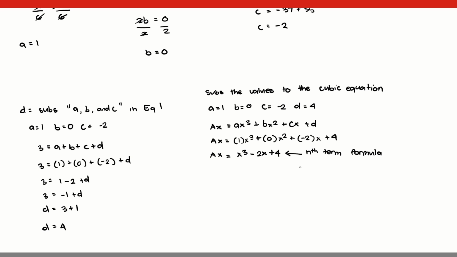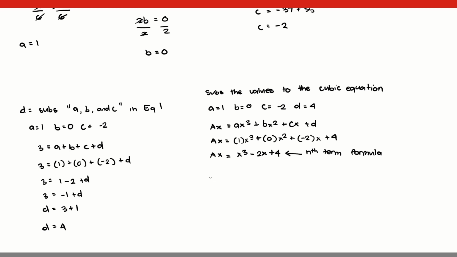This formula is used to find the next term. So now let's get the next term, which is the 7th term of the sequence 3, 8, 25, 60, 119, and 208.